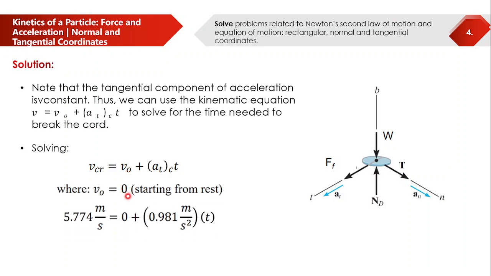So, therefore, substituting the value and solving for our time, that will be equal to 5.886 seconds or approximately 5.89 seconds. So this is the time needed to break the cord, or eventually na mababreak yung cord.